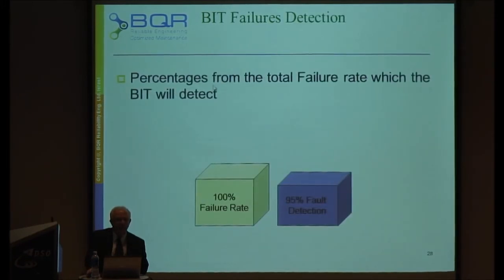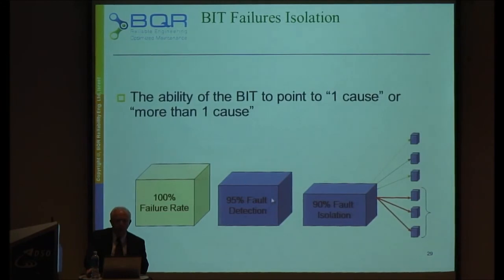Now, for the isolation. In this case, we see the failure rate and the 95% fault detection. Now we go to the isolation. From the 95%, we can isolate what the root cause is: this assembly, or that assembly, or we don't know which assembly.